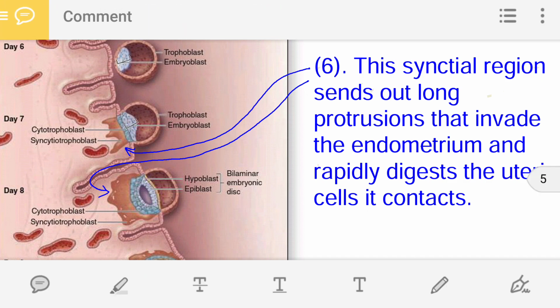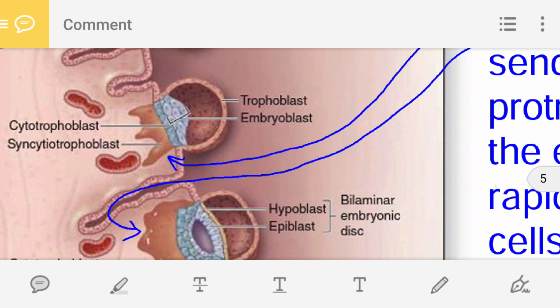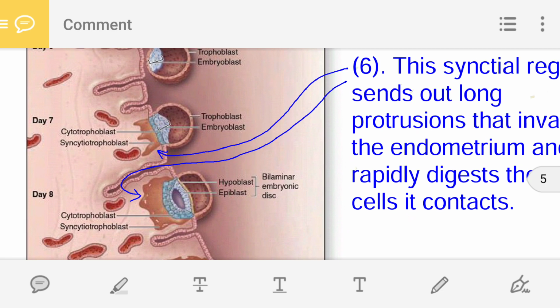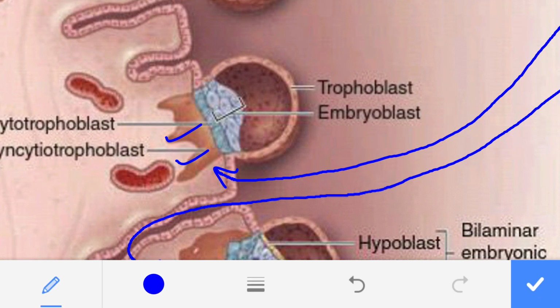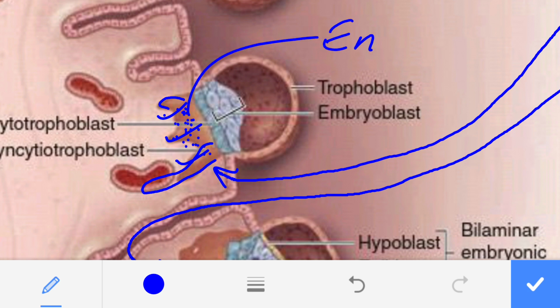This syncytial region is protruding now. For example, this one is the syncytial region, and it is making a large protrusion. So what is this syncytial region? Actually it is a cytoplasm, and this cytoplasm has enzymes.